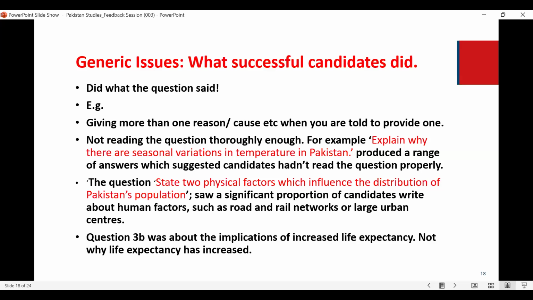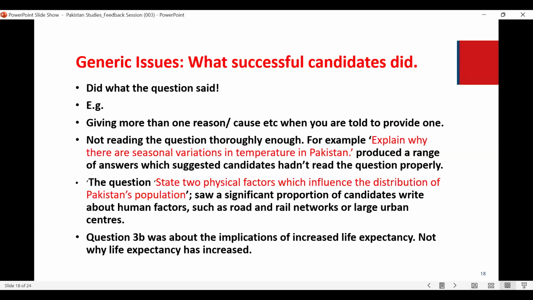Keywords jump out at them and they think about what they know. They need to stop doing that. They need to read the question really thoroughly and crack the code of what the question is asking them to do, what they have to produce, not just write everything they know about that particular topic.